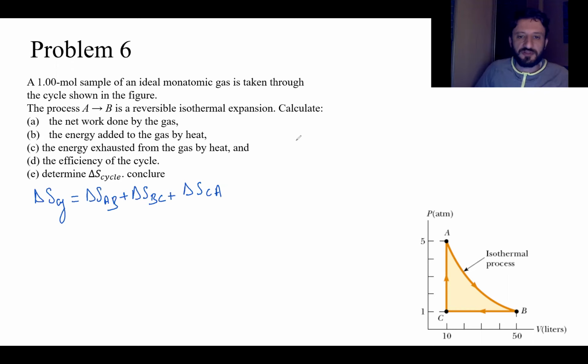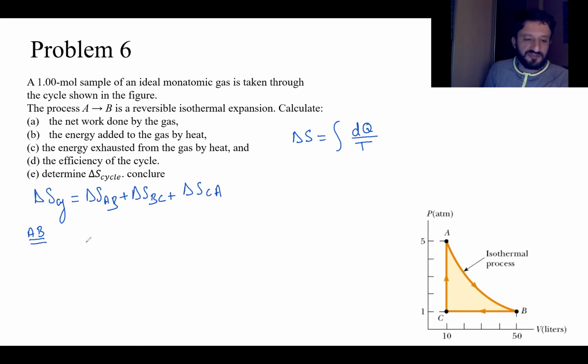You know, as definition, delta S equals the integral of dq divided by T. Let's start with AB.